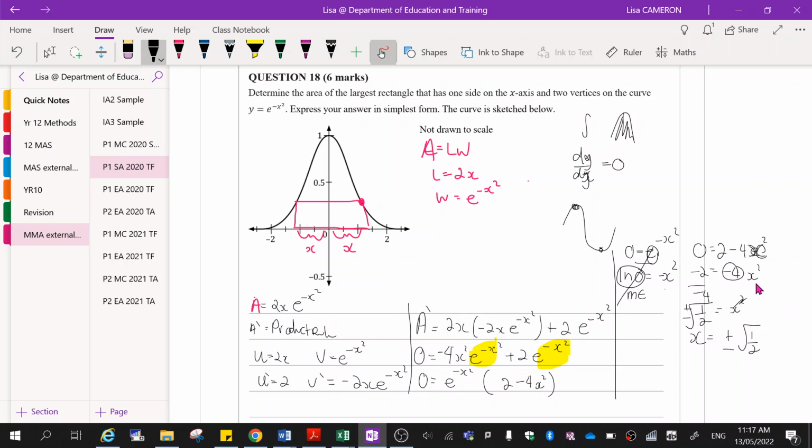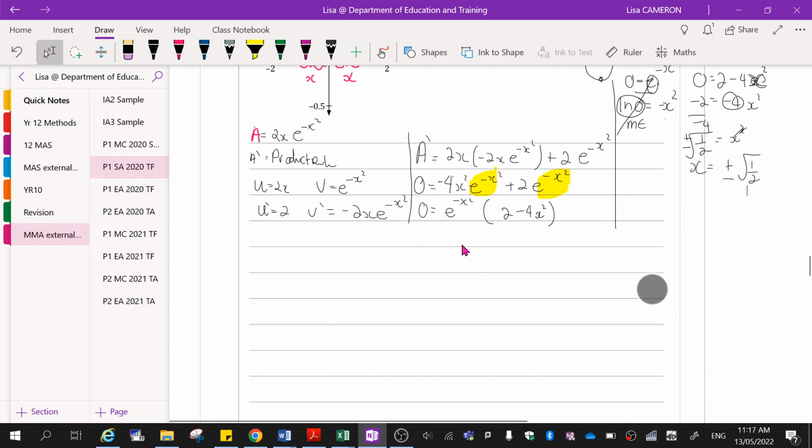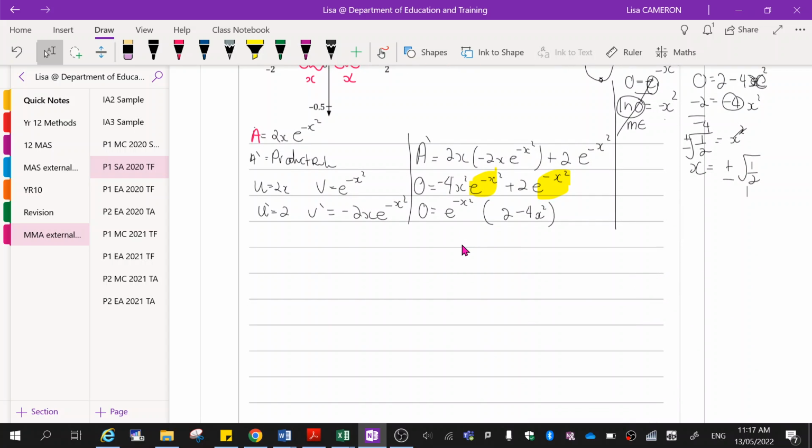So we've now found what our x has to be, but we haven't determined the area yet. So I'm just going to scroll down a little bit. To determine the area, we're going to substitute in the positive case of this back into our expression for area.